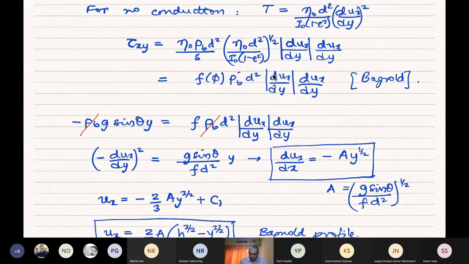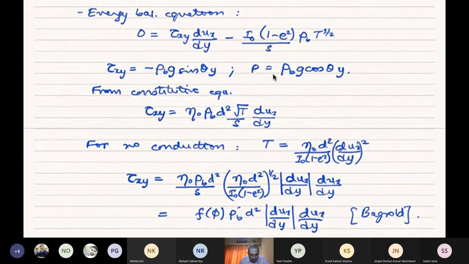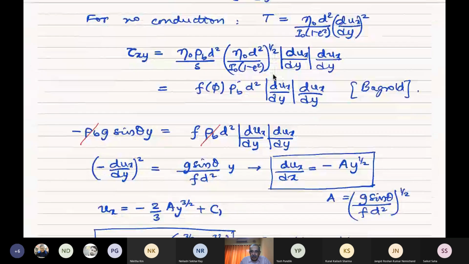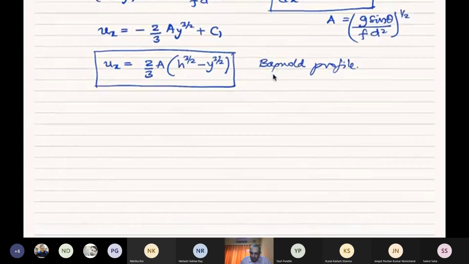Now let me go on and tell you a little bit about the next thing, which is a new model. This is what we were doing last time, and we came to the Bagnold profile.